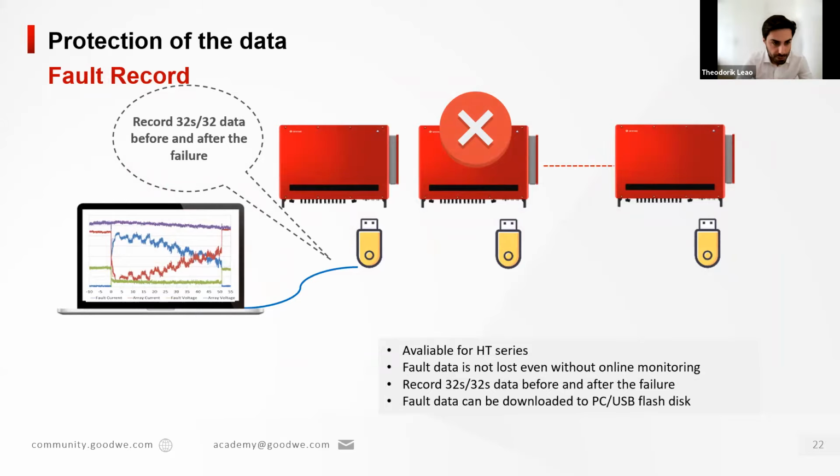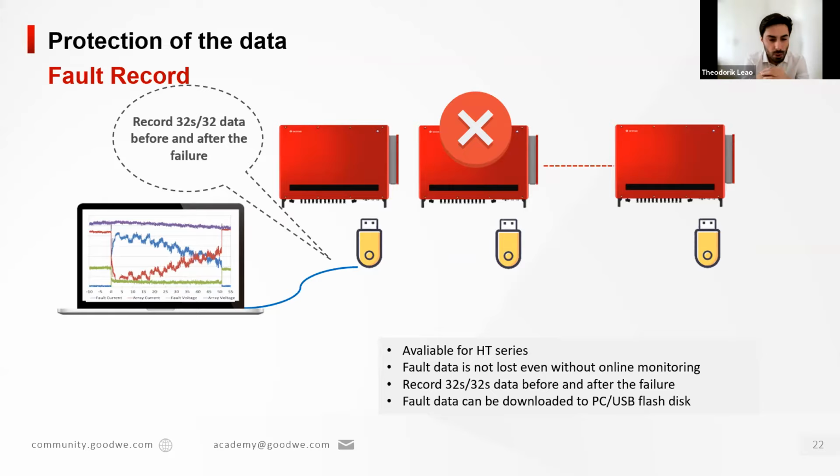Moreover, there is also a second way to protect your data. So let's say now that you don't install the correct SPDs and there's a lightning strike in the nearby of your installation, causing a power surge to destroy basically your inverters and your modules, and your whole installation is down.